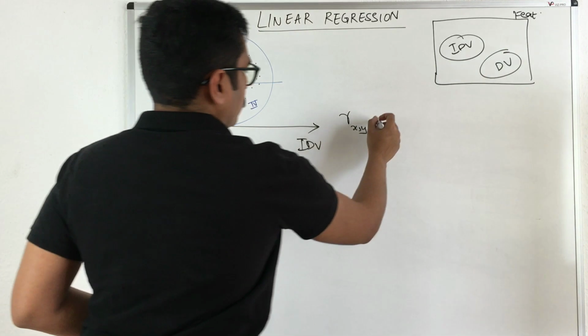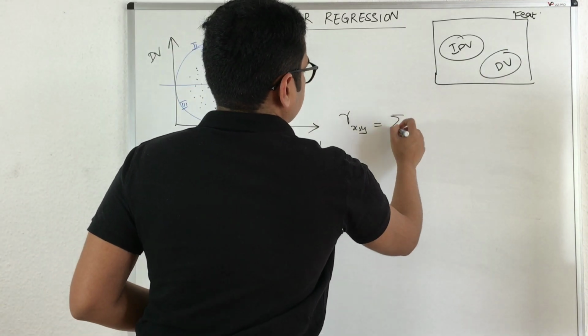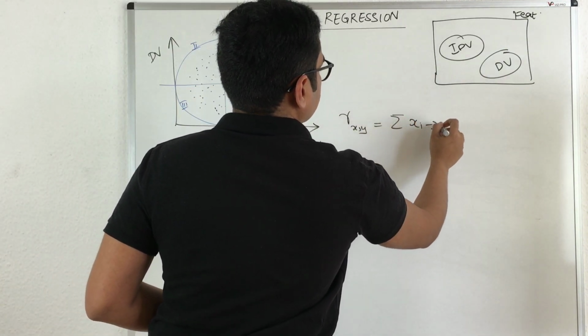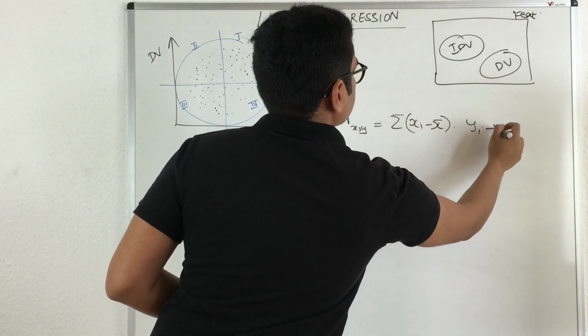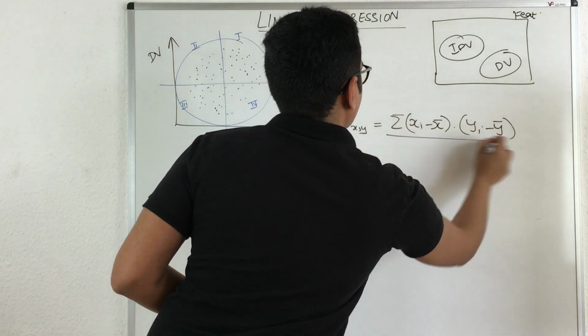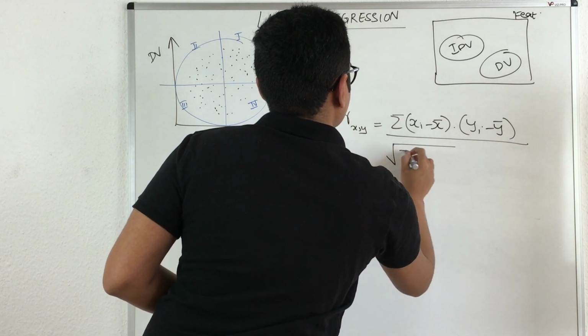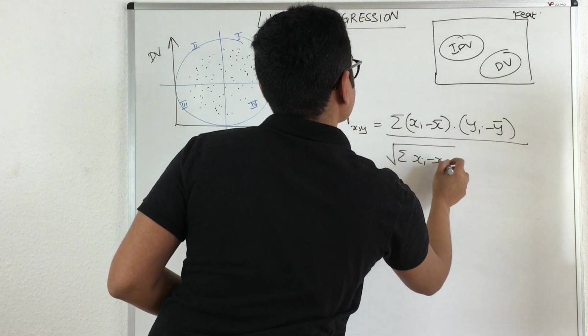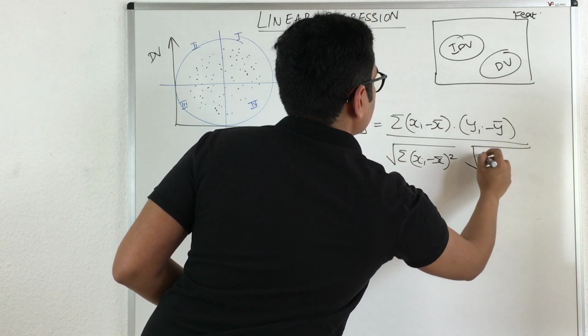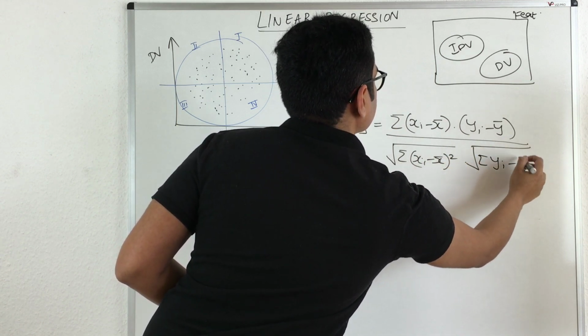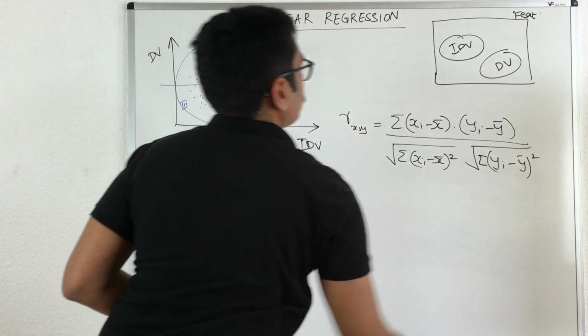It is given as the summation of (xi minus x bar) into (yi minus y bar) upon the square root of the summation of (xi minus x bar) square into the summation of (yi minus y bar) square.